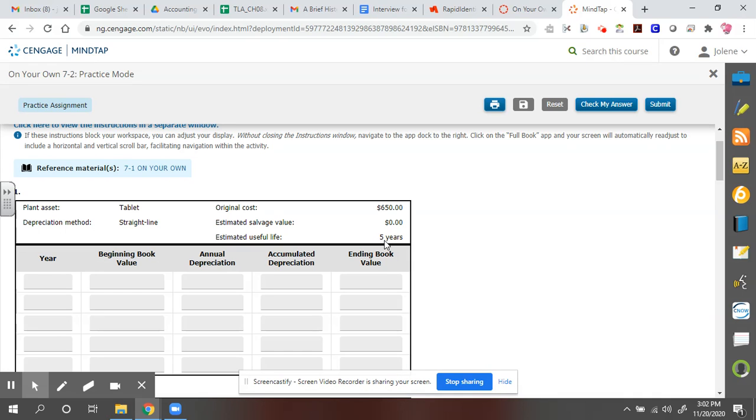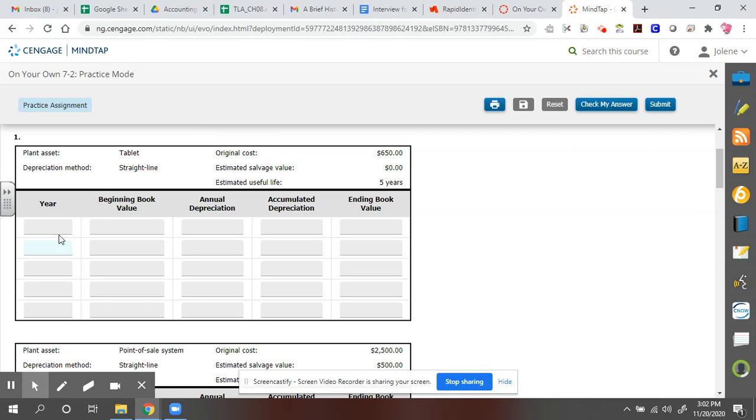They want to depreciate it for 5 years. When they're done with it, it will have a zero value, and it's $650 that they bought it for. So we've got year 1, 2, 3, 4, 5.